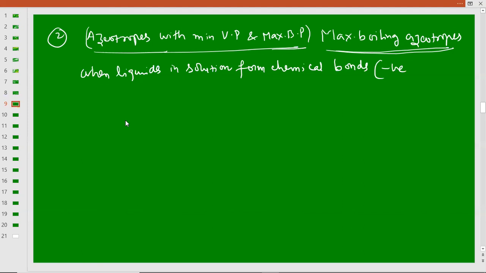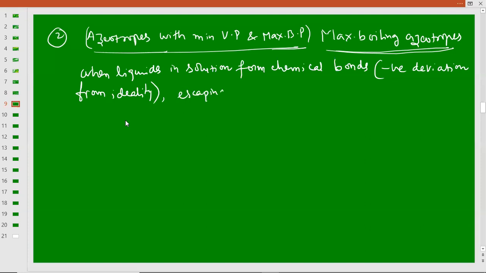When hydrogen bonding exists, the forces of attraction between the two components are greater than in the individual components. At that time the vapor pressure will be reduced, so you will get negative deviation from ideality. And then the escaping tendency decreases.